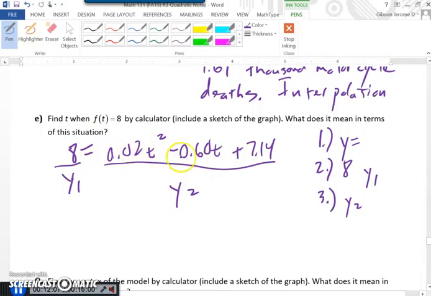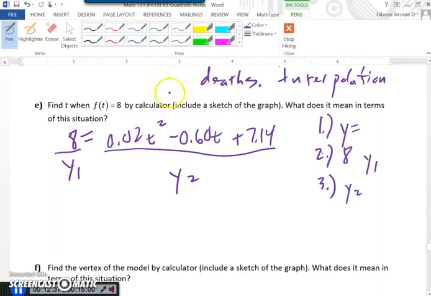It still will give you the same answer. So again, for step 2, we'll put in 8 for y1. For step 3, we will put in this 0.02 x squared minus 0.60 x plus 7.14. Okay, now, after you type in all of that, we have to find the intersection points.